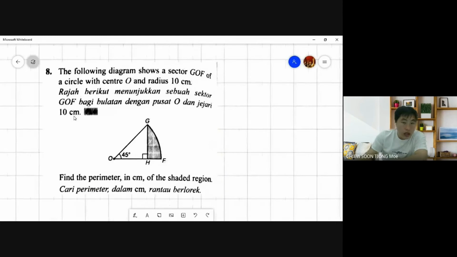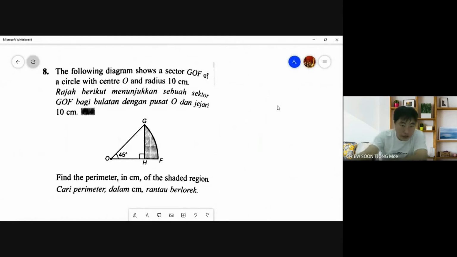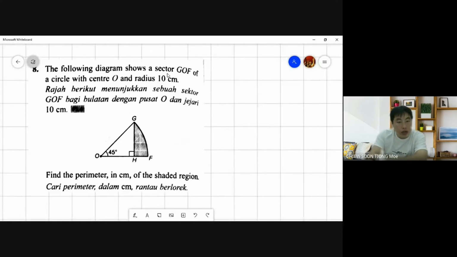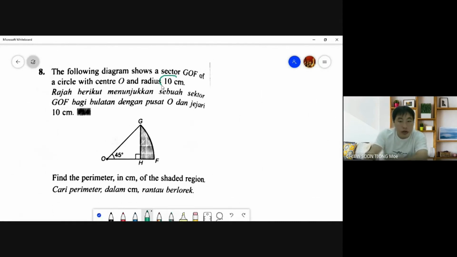The following diagram shows a sector GOF of a circle with center O and the radius of 10. Okay, so like this you have to circle it, the important message, or you write down here 10. Find the perimeter of the shaded region.